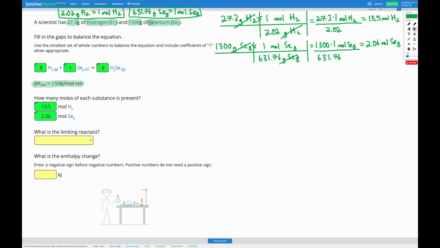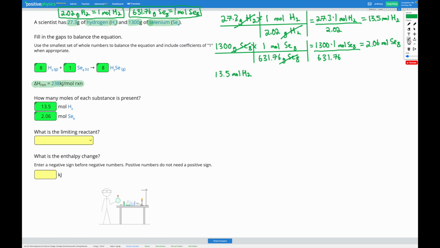Awesome. Okay, so our next step is to figure out which of these is the limiting reactant. So I'm going to pick one and figure out how many moles of the other I would need to react completely. I'm going to choose 13.5 moles of H2 and figure out how much Se8 I would need to react with that. So I'm going to start with my 13.5 moles of H2.